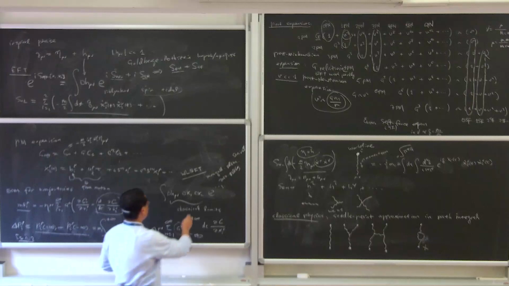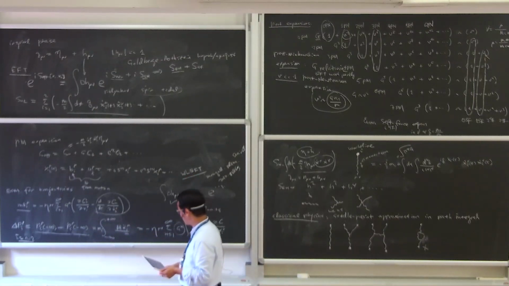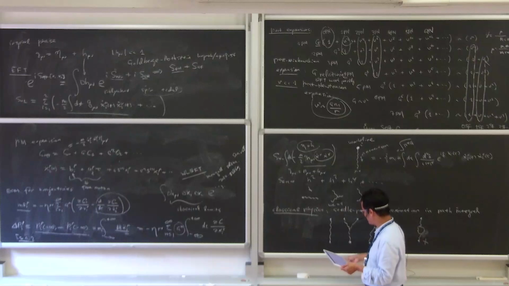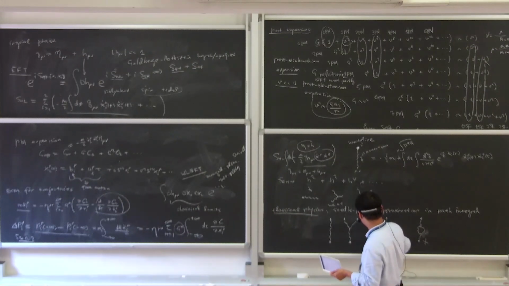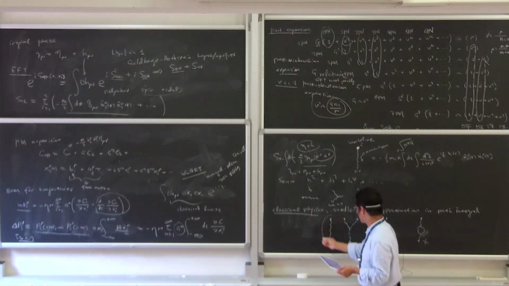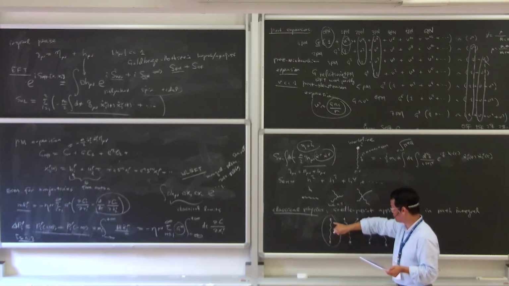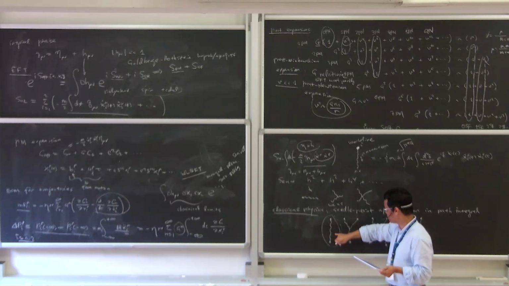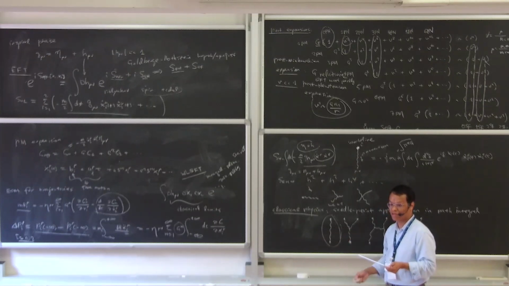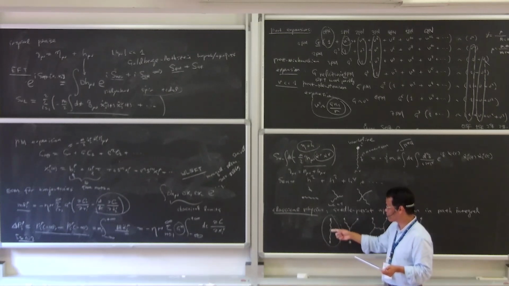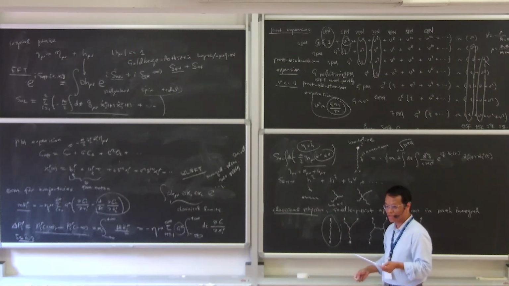Yeah, I will show you later. So for example, in our method, the simplest diagram is the tree diagram. This diagram contributes to any order in the PM expansion, meaning in higher order it enters the result in iterations.